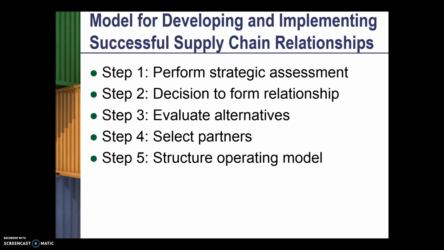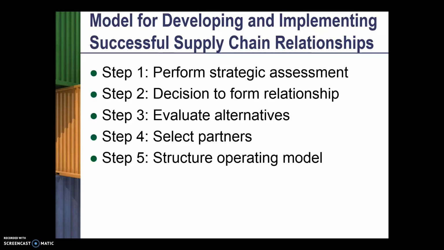The second step is your decision to form the relationship, and that depends on your type of relationship, but it takes on slightly different decision context. So there's several drivers. There's your asset and cost efficiency, your customer service, your marketing advantage, profit stability and growth, and other facilitators. Then you have to evaluate the alternatives.